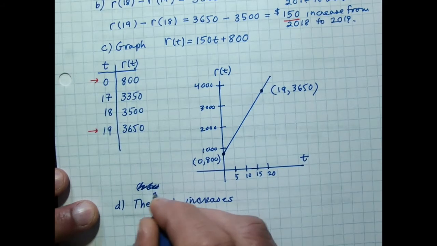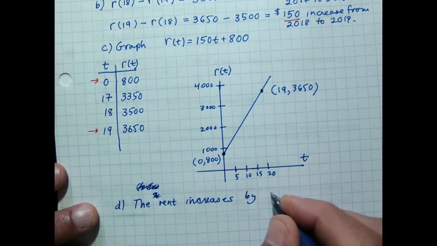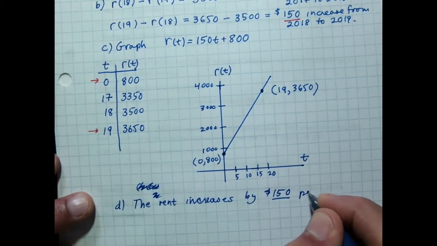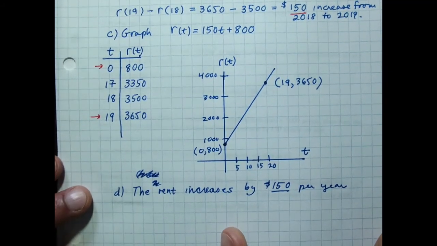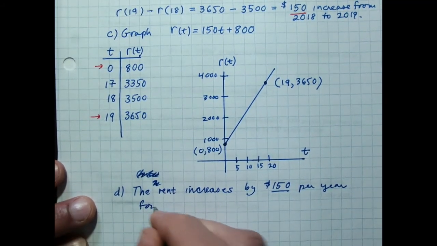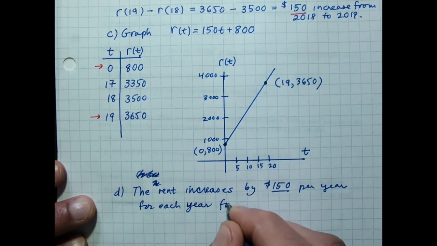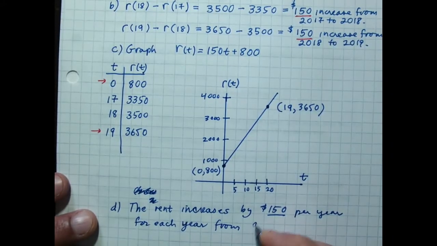The monthly rent increases by $150 per year, for each year from 2000 to 2019 is what we're talking about.